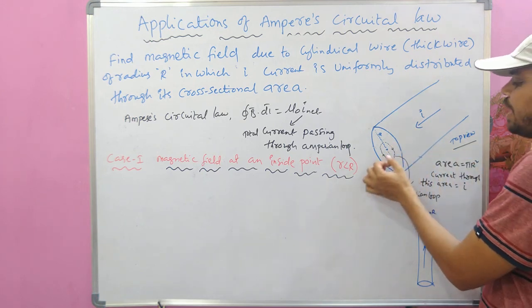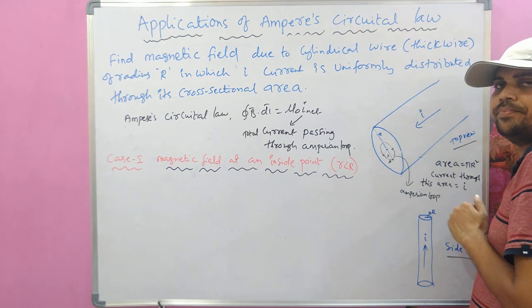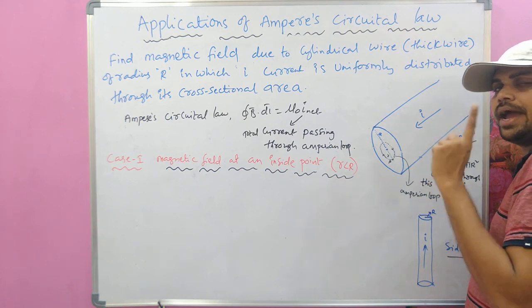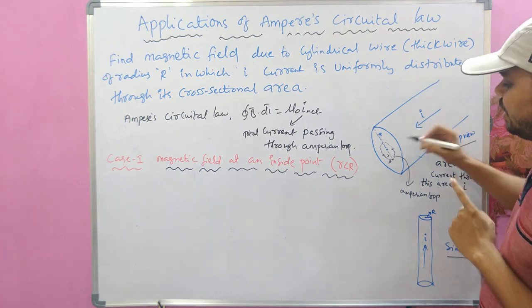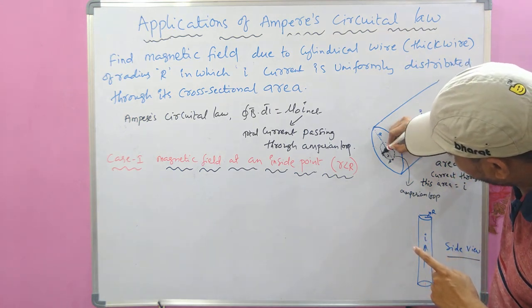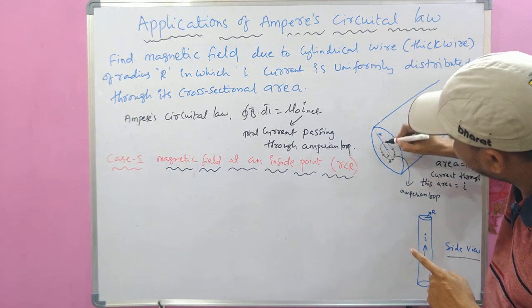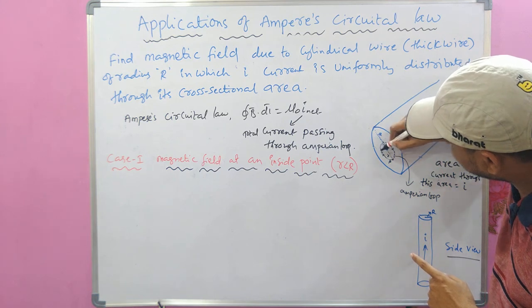So the magnetic field at every point on this circular loop will be the same. And the second observation we can make is that the magnetic field direction and the selected path on this Amperian loop are in the same direction.